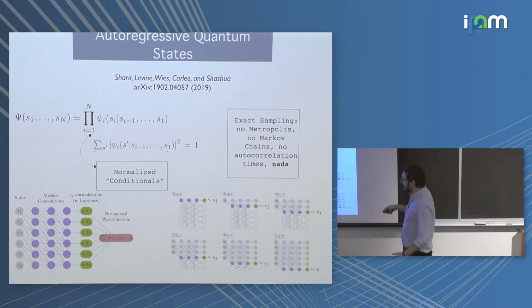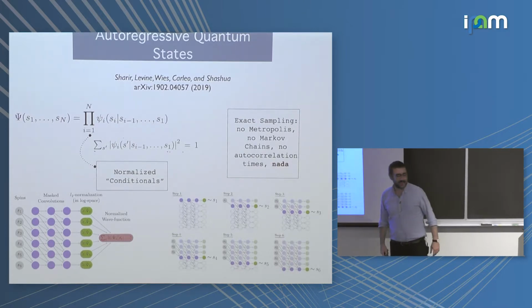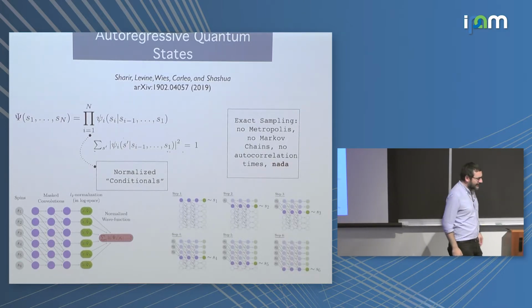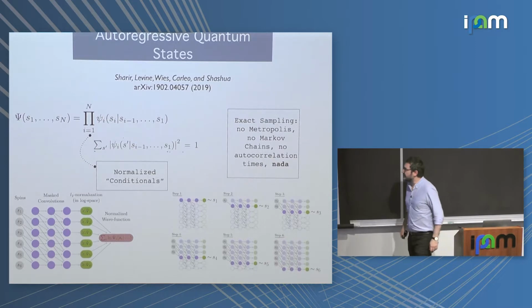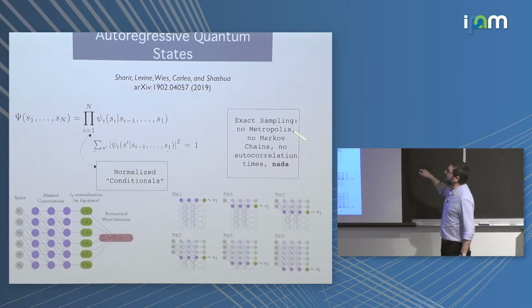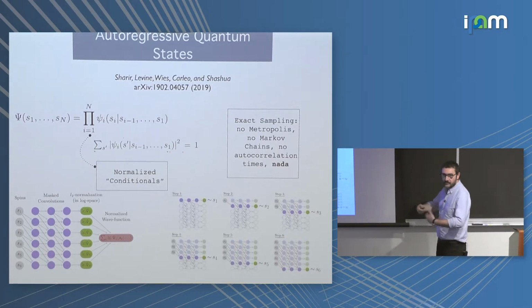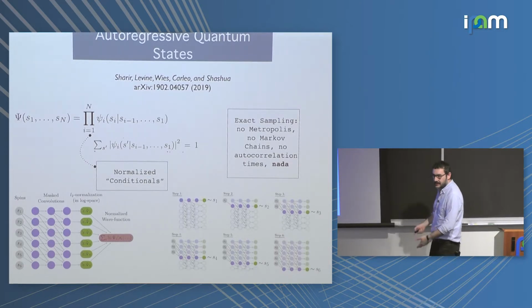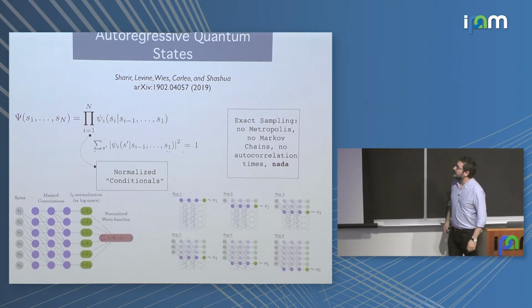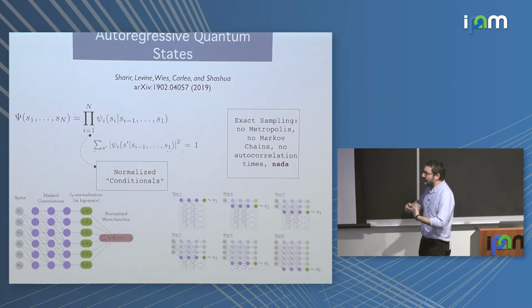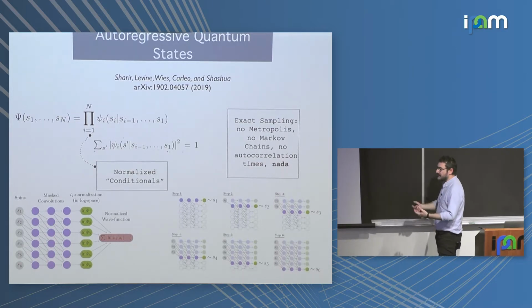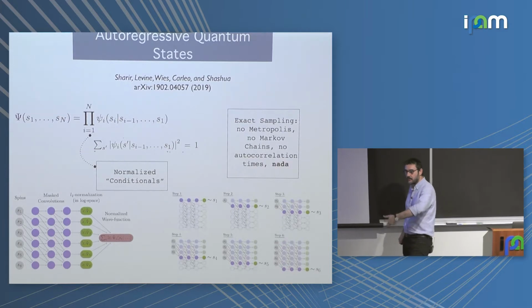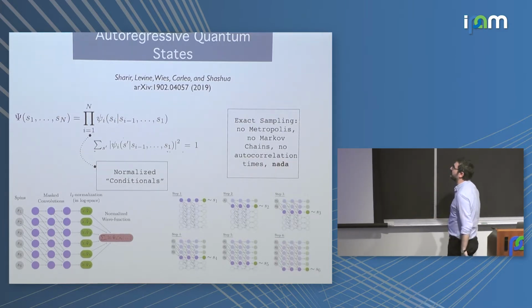However, incorporating nice ideas from generative modeling, we realized that it is possible to devise models from which you can sample exactly during the variational Monte Carlo step, and that would allow us to remove the costly Markov chain step that you have to do in the standard variational Monte Carlo approach.